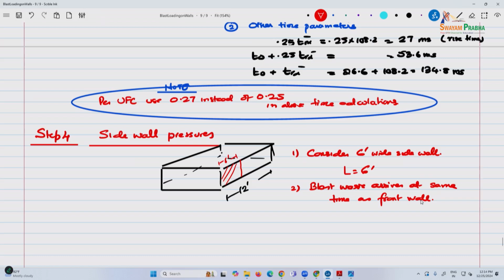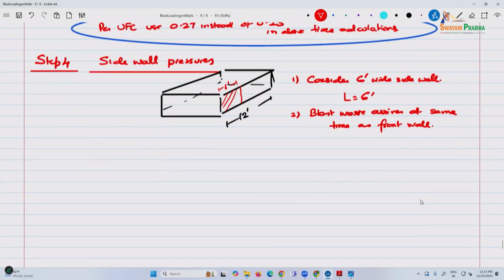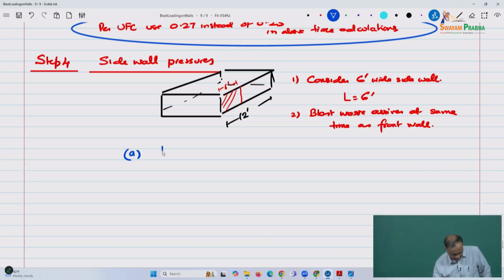Those are the two assumptions. So first part is we calculate the CE, LWF by L, basically the wavefront length divided by the wall length.